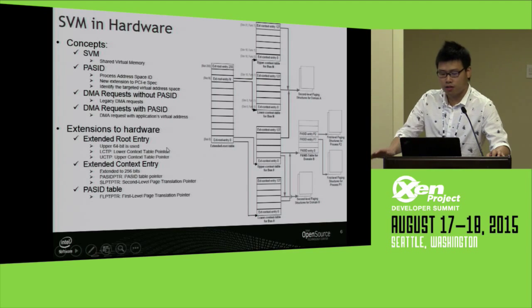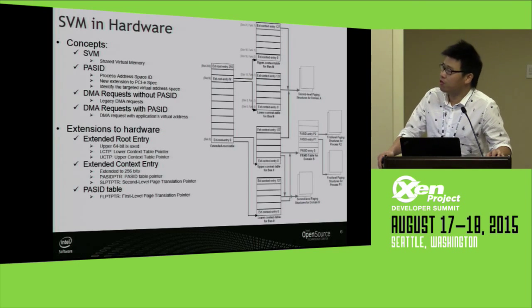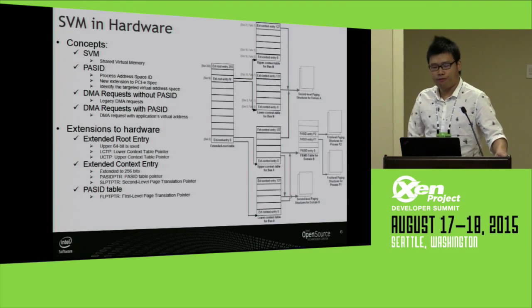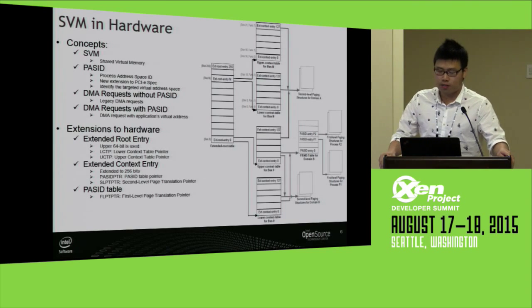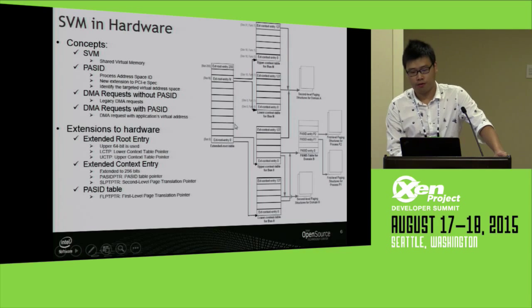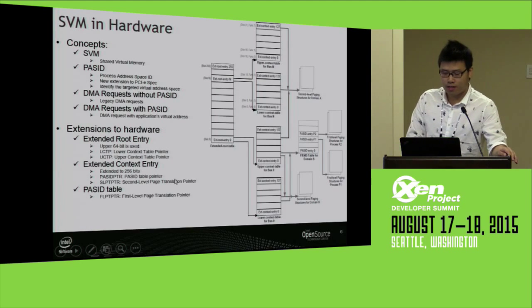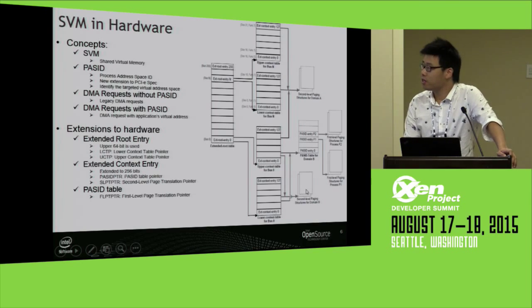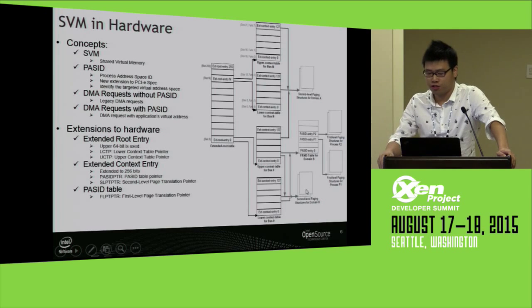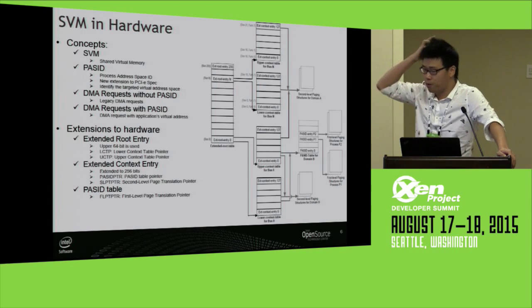Also the context entry is extended to 256 bits. It also has 2 pointers. The first one is the PASID table pointer, which points to the PASID table. And the second one is the second level page table pointer, which points to the second level page table. In fact, the second level page table is exactly the current VT-d page table.